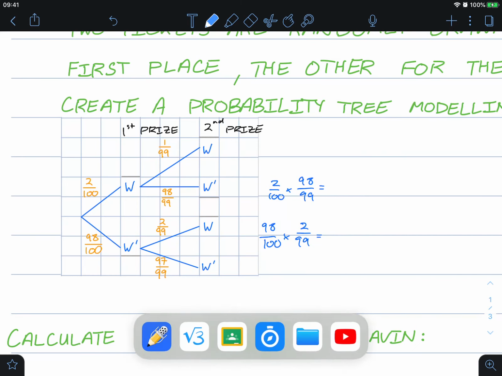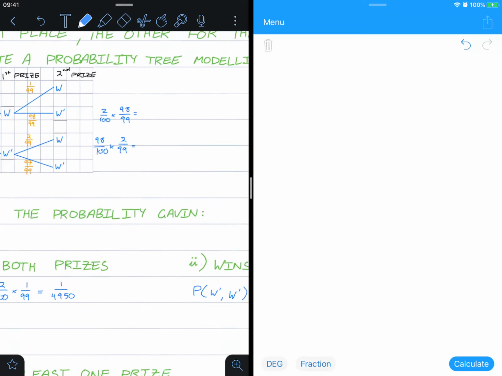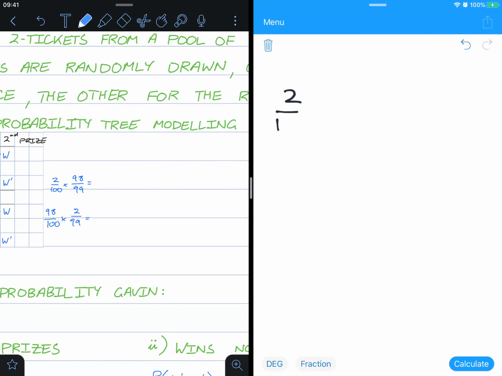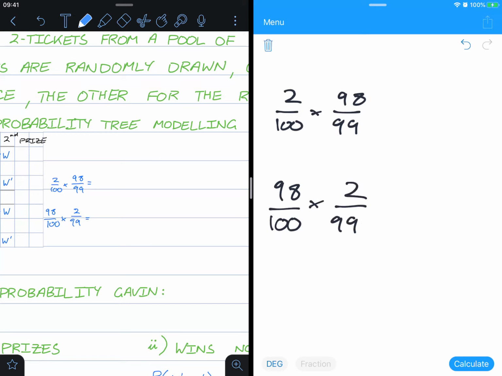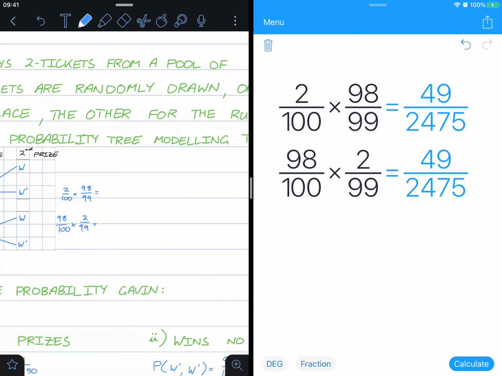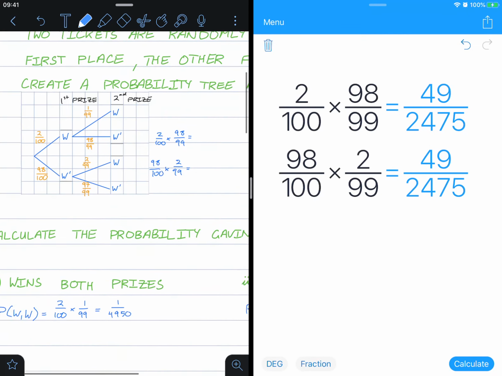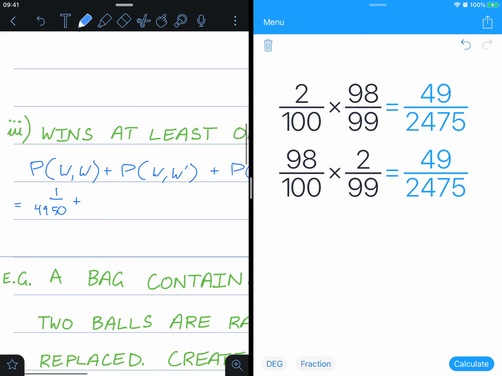Let's calculate both. Oh, would you look at that? It's the exact same thing.